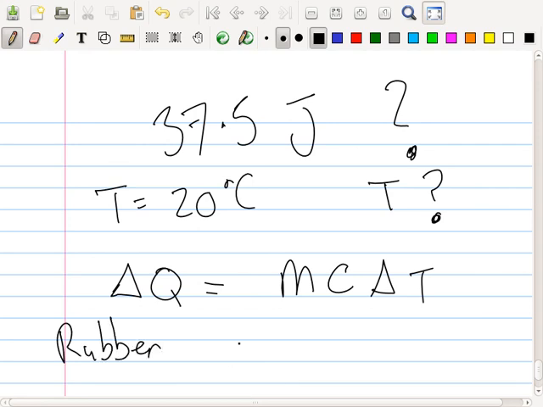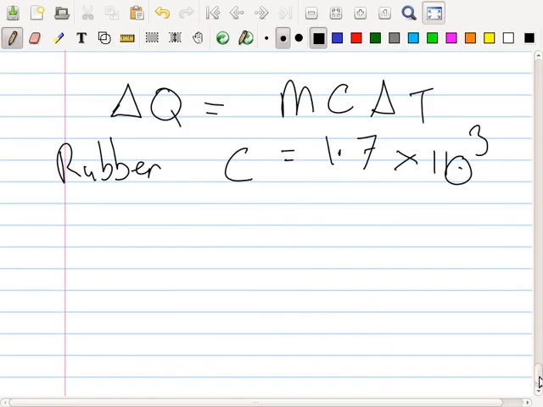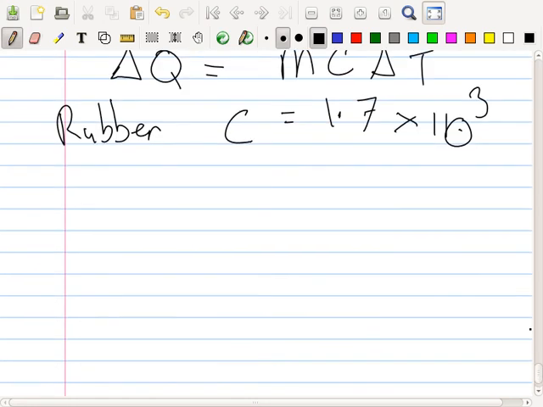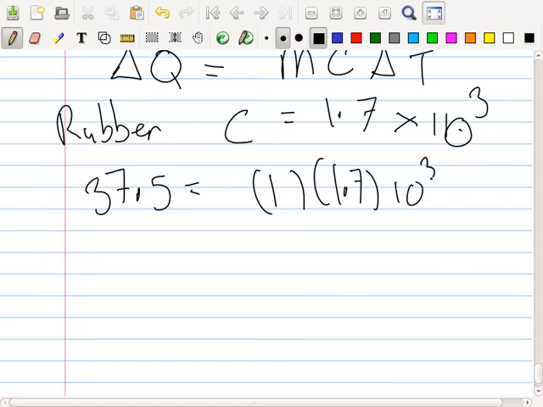Rubber c equals 1.7 times 10 to the 3. That's how much specific heat capacity is in rubber. You all know rubber, yes? Rubber ball. Okay. So you have 37.5 equals m c, and then you want the delta T here. m is 1.